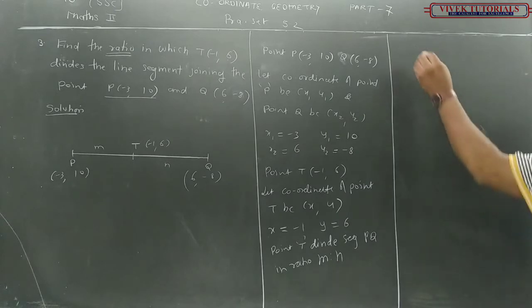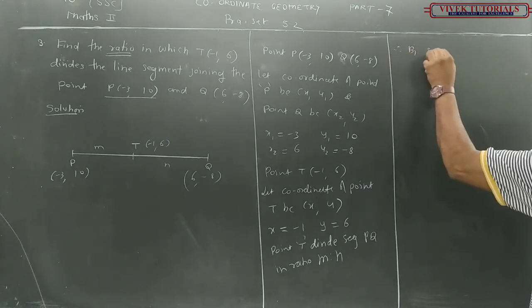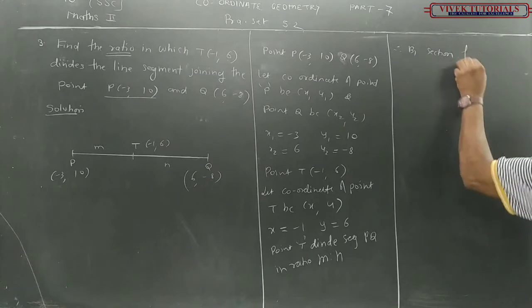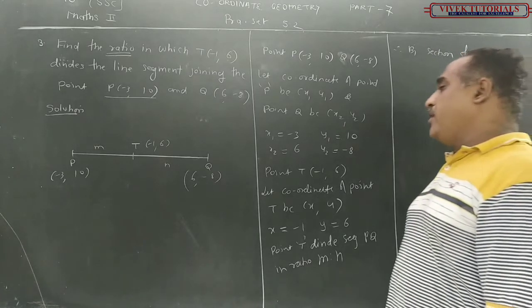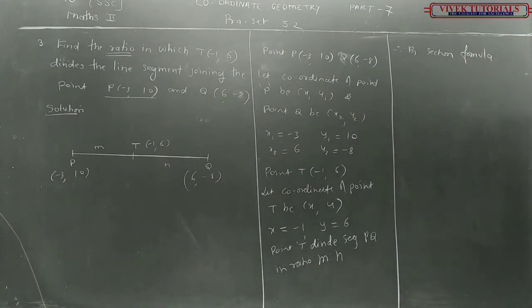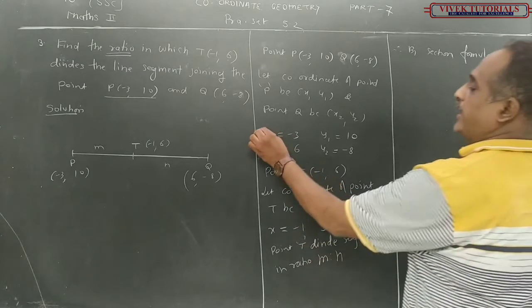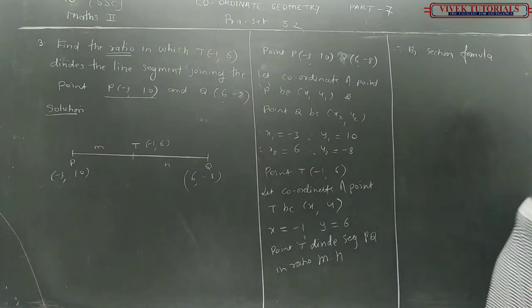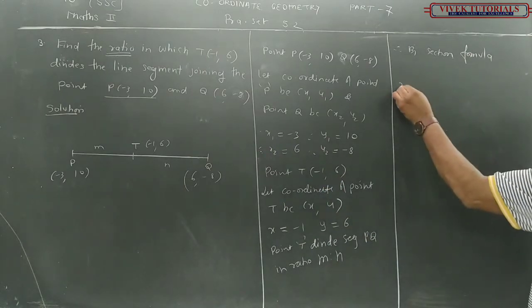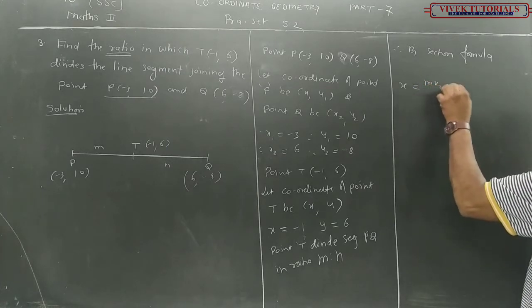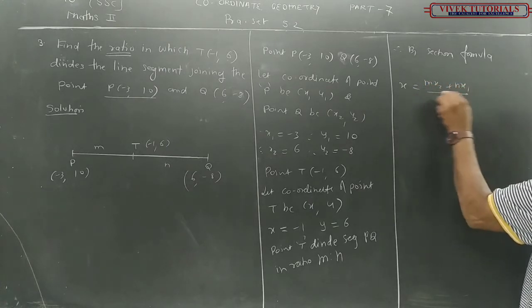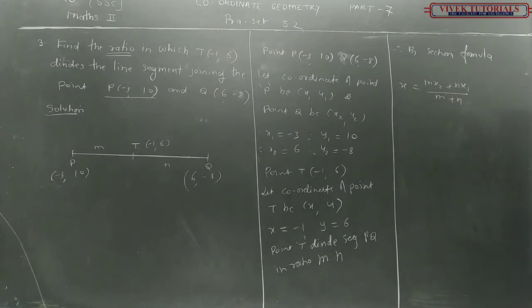Okay, therefore, by the section formula we have to find out the value of the ratio, that is m is to n, that is what is asked, right? So we are going to apply the section formula. Suppose we apply the formula for x. x is equal to, we know that, (m x2 plus n x1) upon (m plus n).